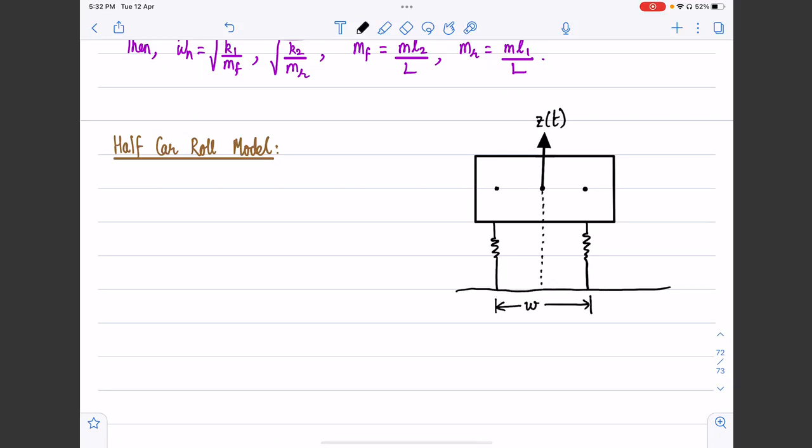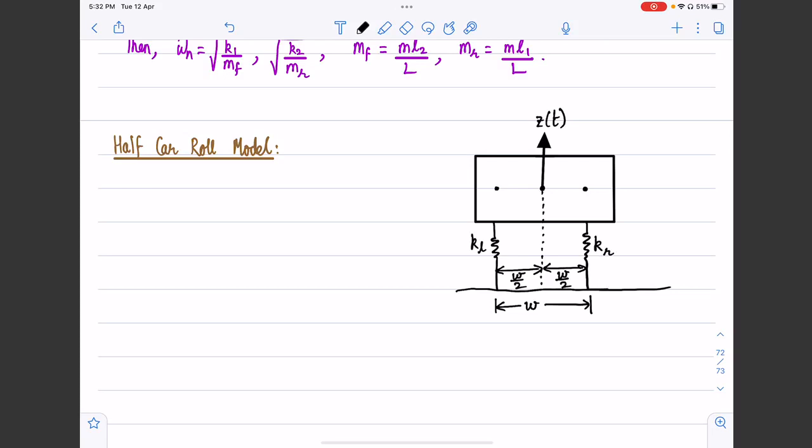Assuming it's symmetrical, these two distances become W by 2 and W by 2, the lateral distance between the CG and the point of contact of the two suspension units. Let us call this stiffness KL and this stiffness KR.